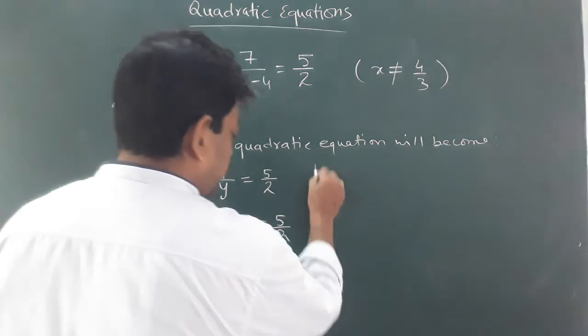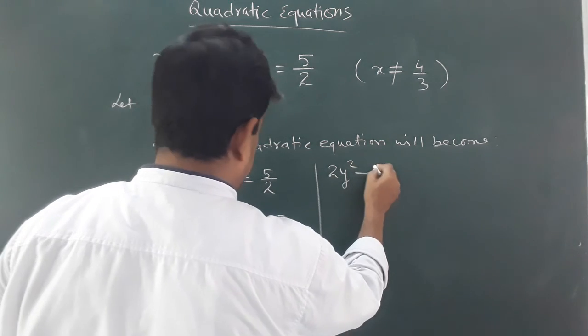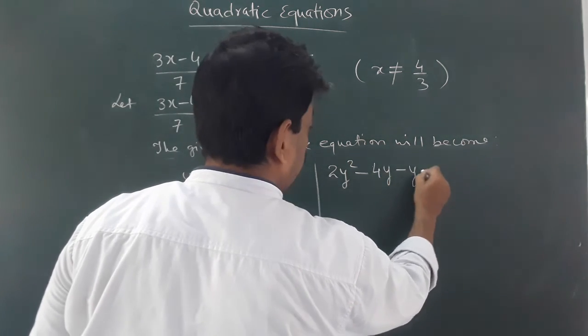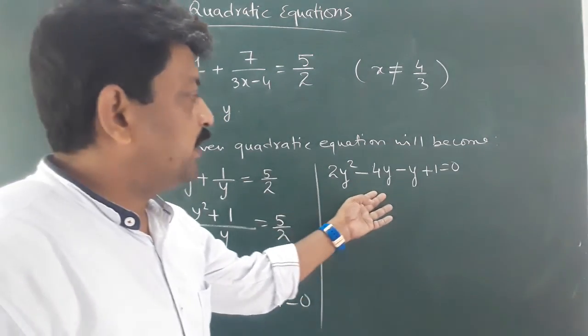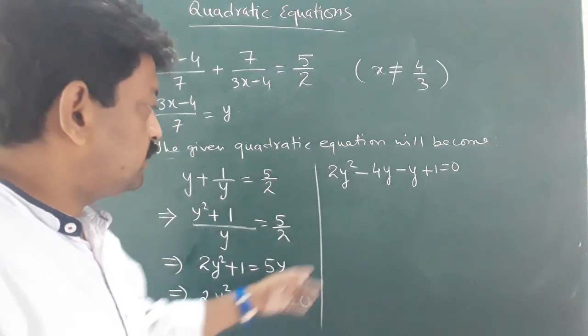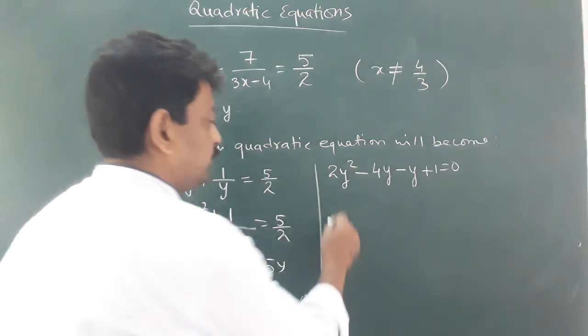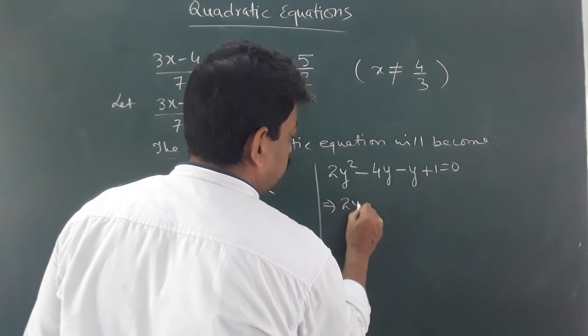So let me simplify this quadratic equation. 2y square minus 4y minus y plus 2. This is the splitting the middle term method. 5y is broken into two parts, minus 4y and minus y. From the first and the second term, 2y is common, as you can see.